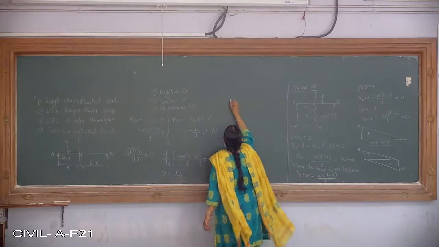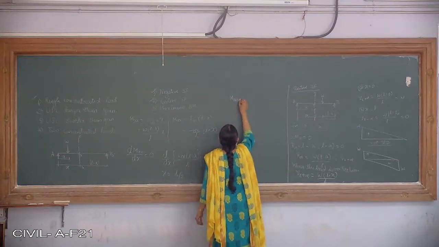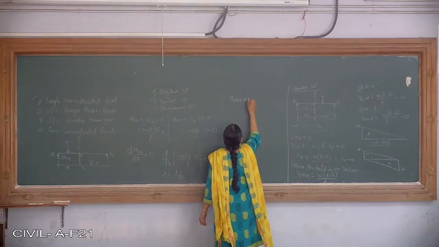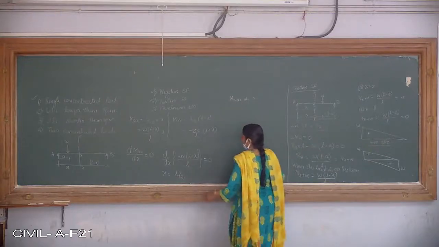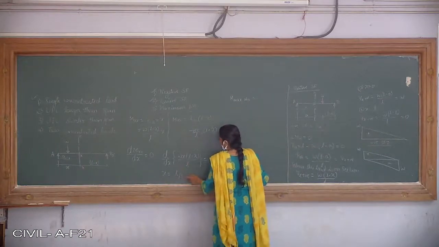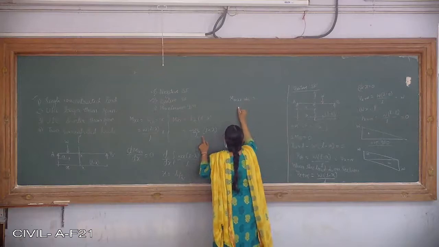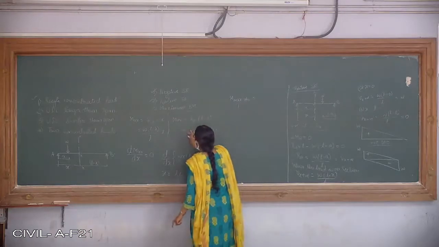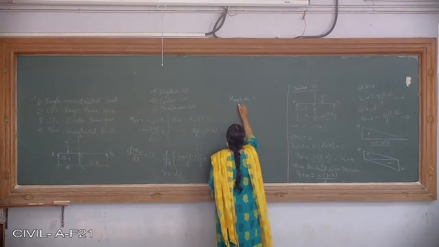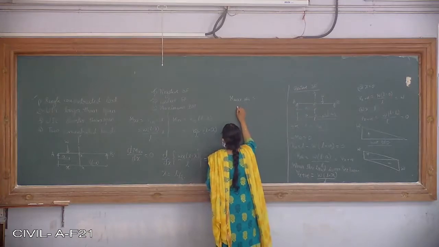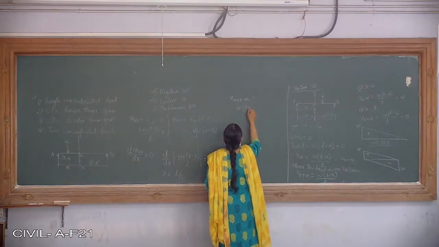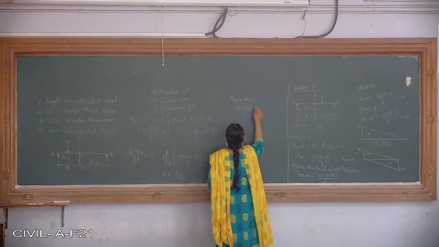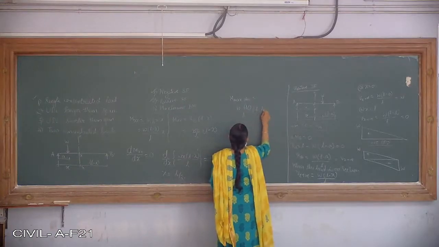So M max absolute is nothing but substitute this value of x in this expression, is equal to W into L by 2 by L into L minus L by 2.